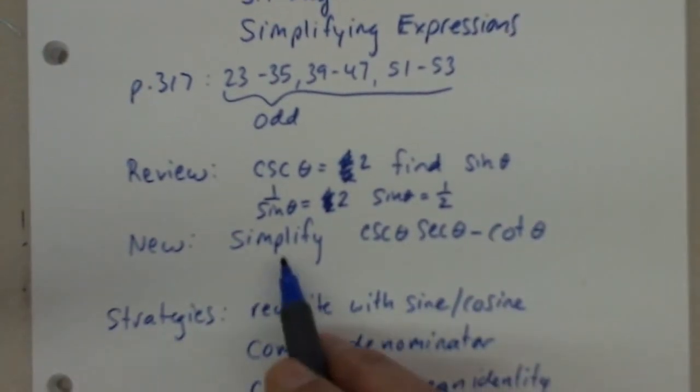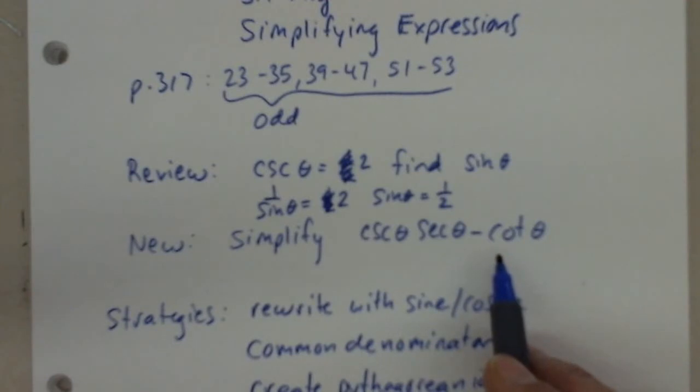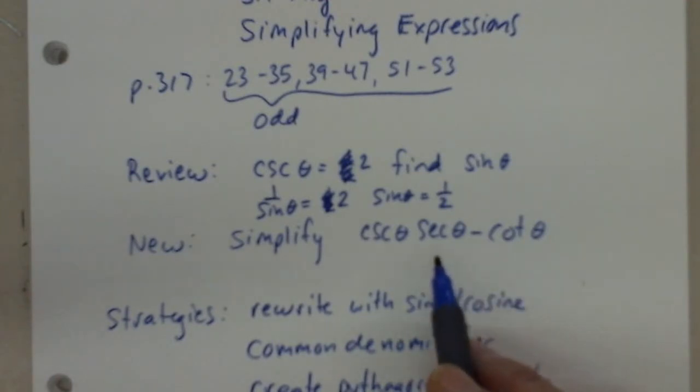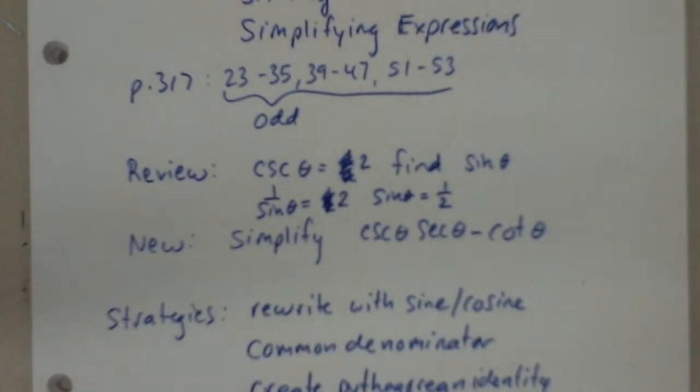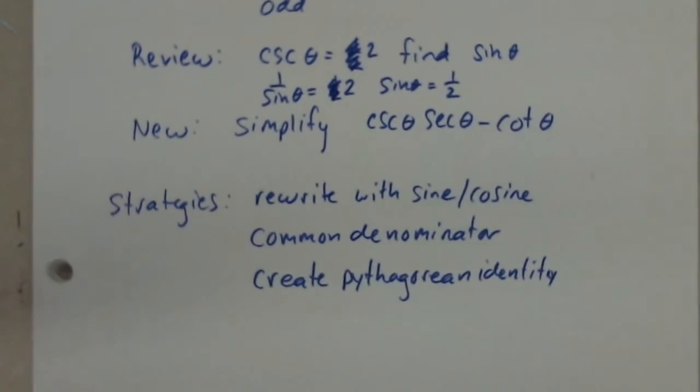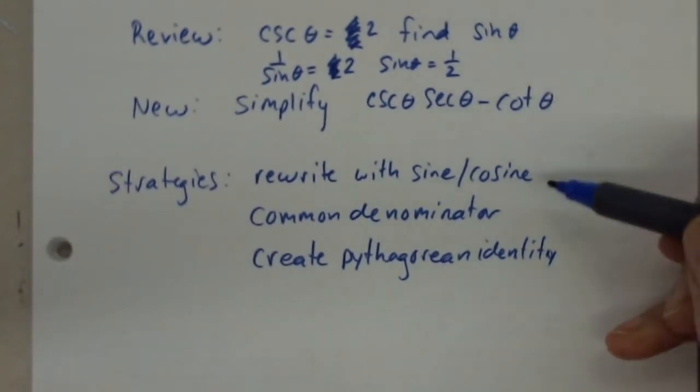So the difference today is we won't have an equation, we just have an expression, and we want to make this expression smaller. And here are some strategies that we might try.